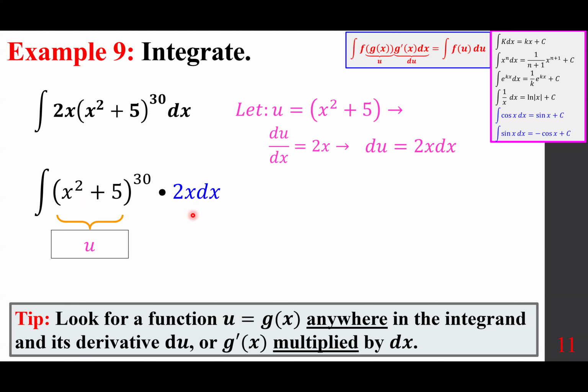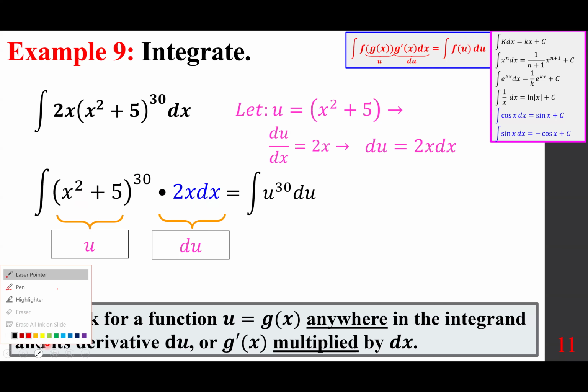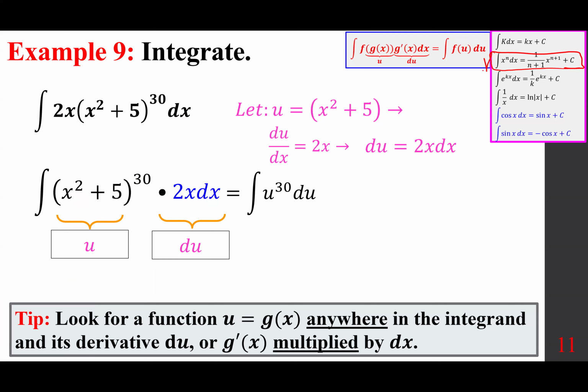This entire thing in blue is du. So you have u to the power of 30 du. And we can use the power rule on that, which is 1 over 31, u to the power of 31 plus a constant. That's the power rule. Replace the u: 1 over 31, x squared plus 5 to the power of 31 plus c is the final answer.